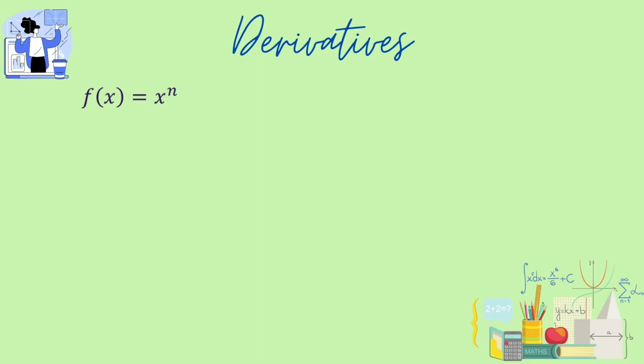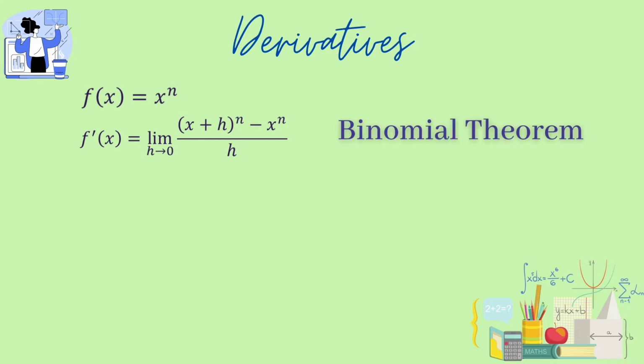Given f of x equals x to the n, f prime of x is equal to the limit as h approaches 0 of the quantity x plus h raised to n minus x raised to n all over h. To expand this expression, we will need the binomial theorem for x plus h raised to n.